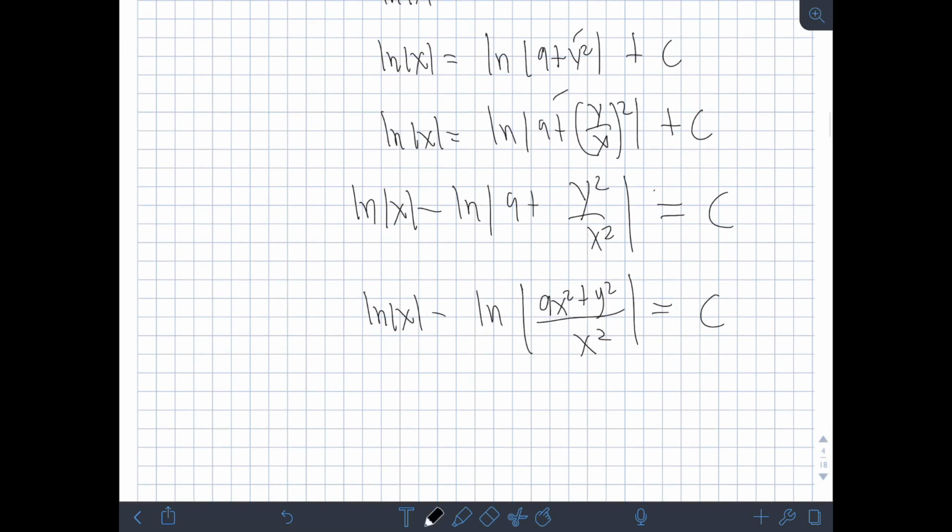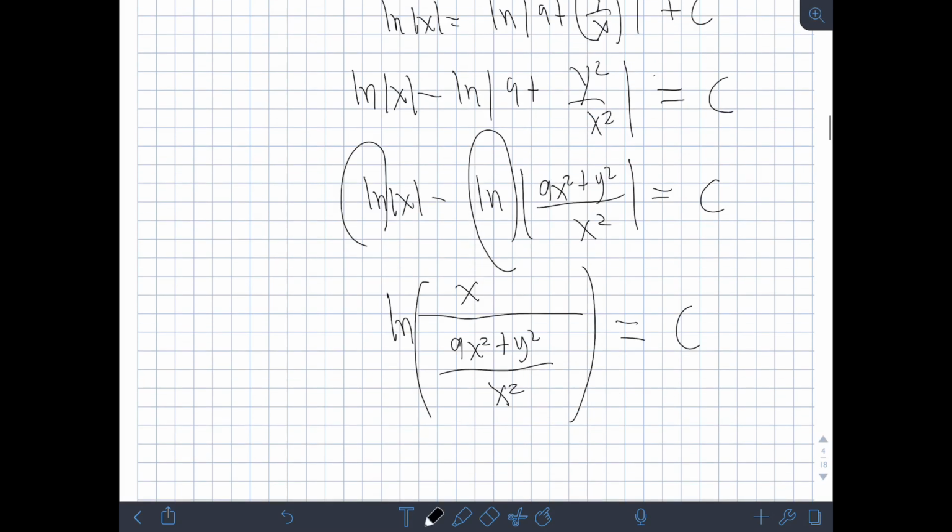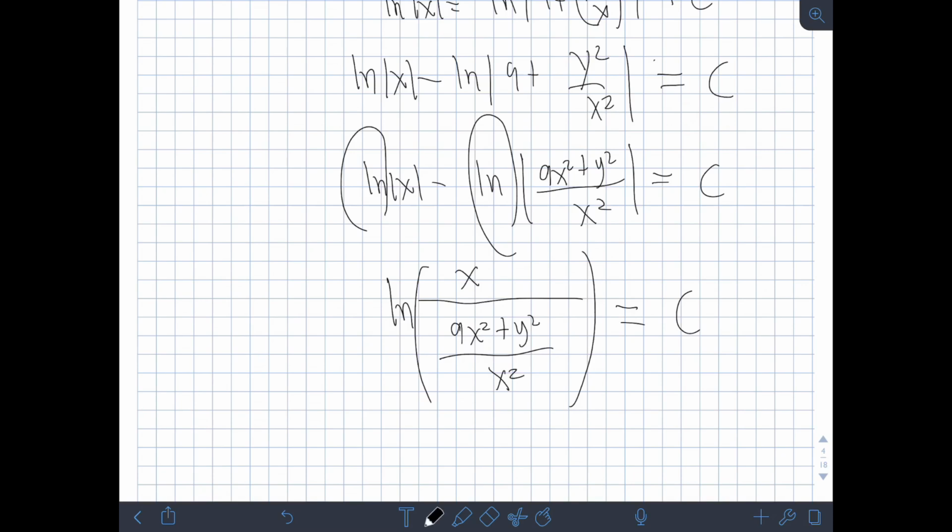Tinranspose ko na. And then, applying yung law ng logarithm, same base, pwede nating pagsamahin, ln x all over 9x squared plus y squared over x squared equal c. Then, simplify lang natin, ln magiging x cubed over 9x squared plus y squared equal c.